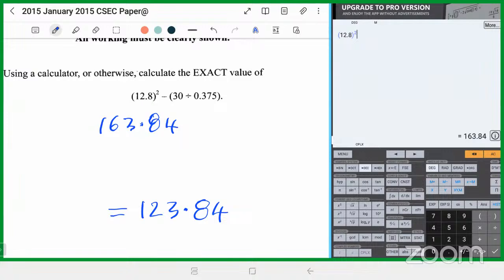Now I'm subtracting, and then you have to do the division in the bracket by itself. So I'm going to do that part, which is 30 divided by 0.375. That will be 80. Since it's 3 marks, let's show some work: 163.84 minus 80. And we get, so why am I getting the same answer?